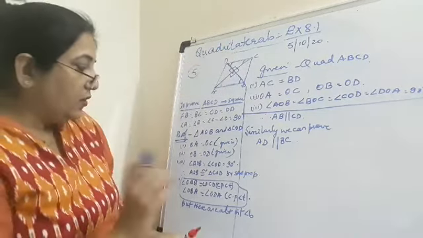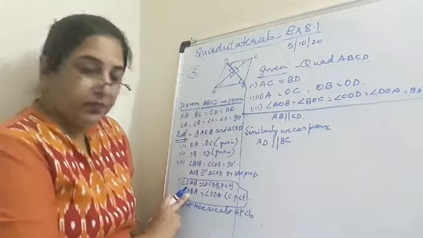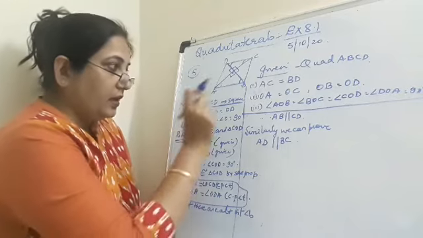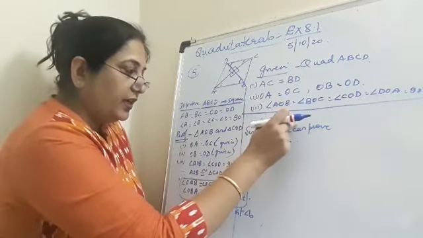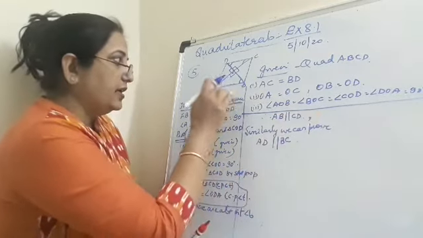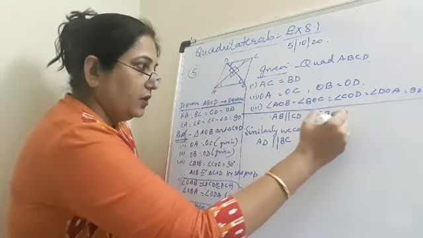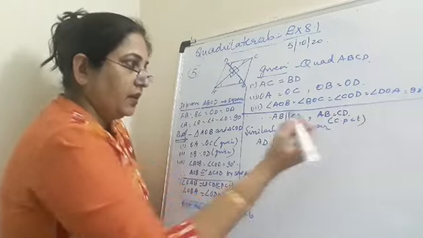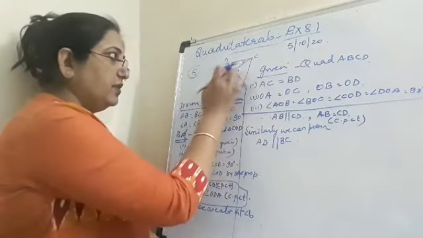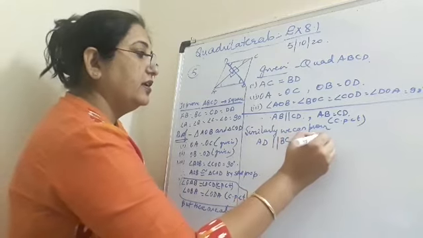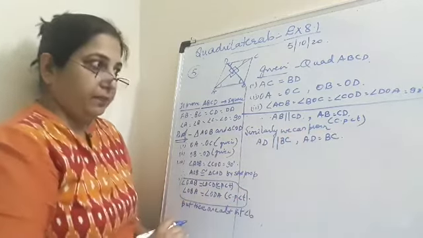Now one more thing I can add here, children. When the two triangles are congruent, and AB is parallel to CD, I can also write that AB is equal to CD, because of the CPCT. Similarly for this pair, I can simply write that AD is equal to BC.